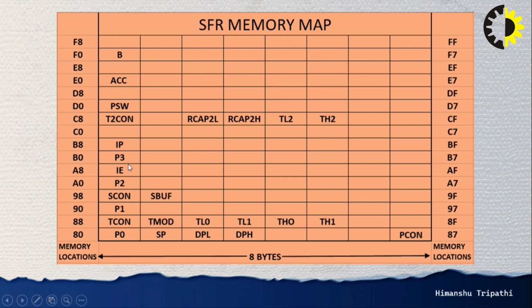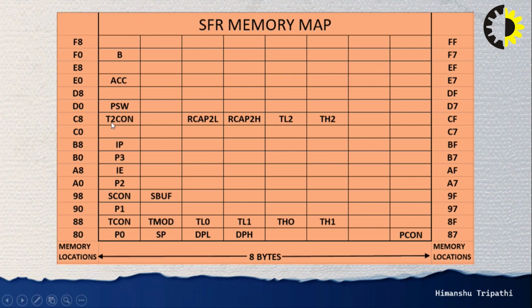Using this IE we may enable or disable any of the interrupts available inside the 8051 microcontroller, and IP is the interrupt priority register, which means we can set the priority of interrupts using this IP register. Here you can also see that T2CON is available, but if we are talking about the 8051, then T2CON is not applicable, because the 8051 has only two timer counters.